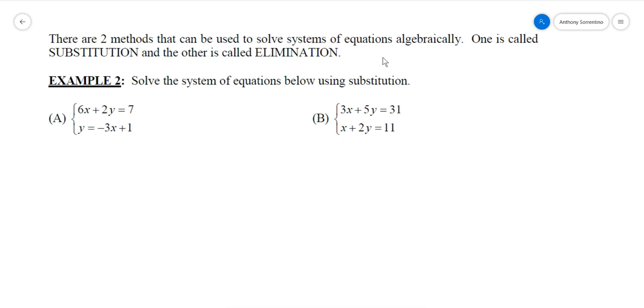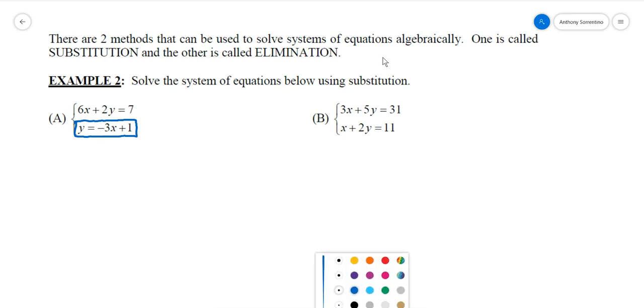I have one of the equations already solved for one of the variables. When I have a situation like that, that's really set up to do a substitution. Because if I didn't have the equation already solved for y or x, whichever I choose, and it's usually your choice, I'm going to solve one of the equations for one of the variables, and then I'm going to go to the other equation and perform that substitution.